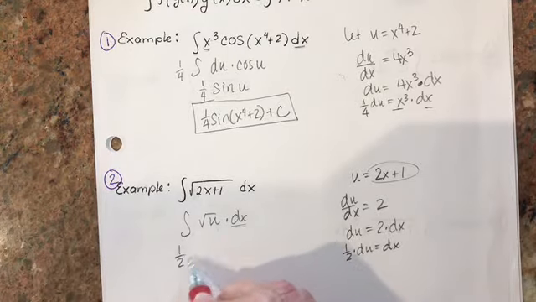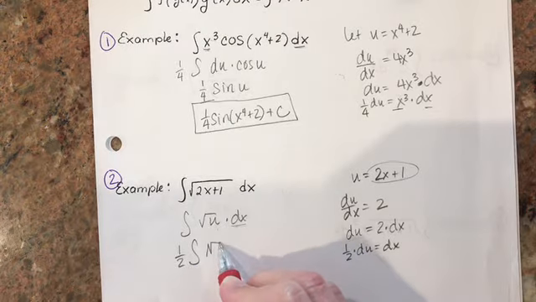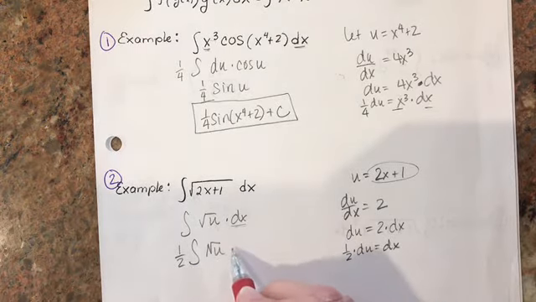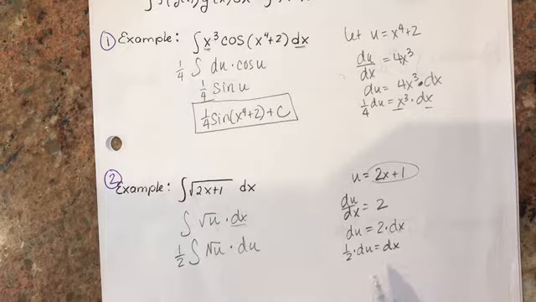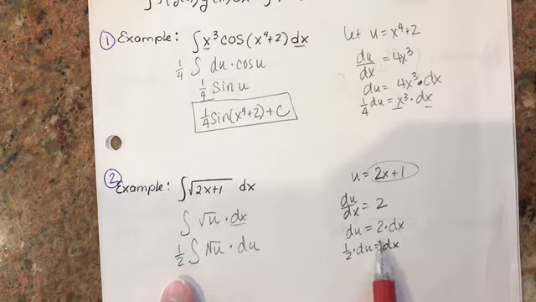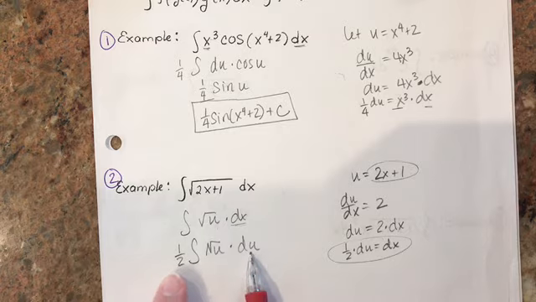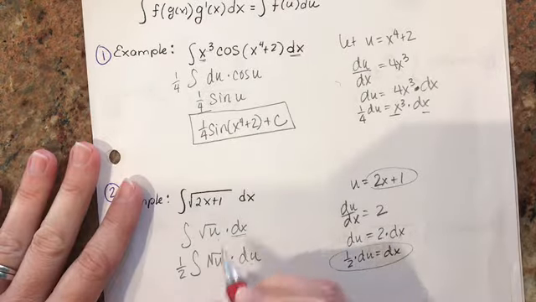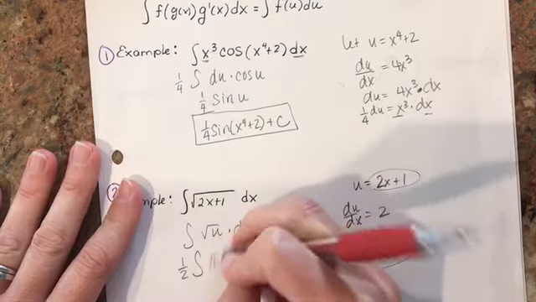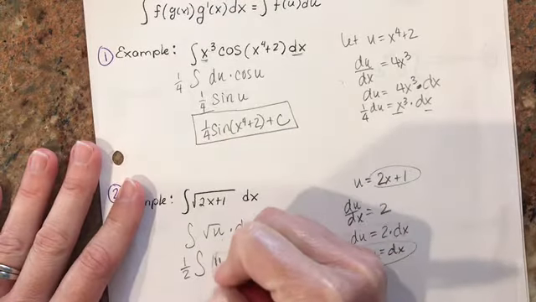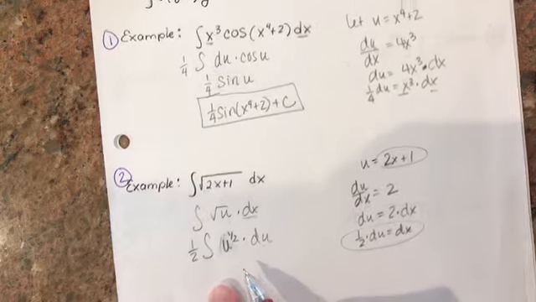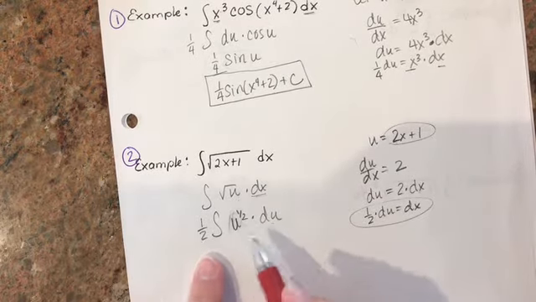I want to write the 1/2 out front, and then square root of u times du. So I've substituted this in for dx, putting the du here and the half here. Now, if you want to think of square root of u as u to the half, let's think of what the integral is of u to the half.